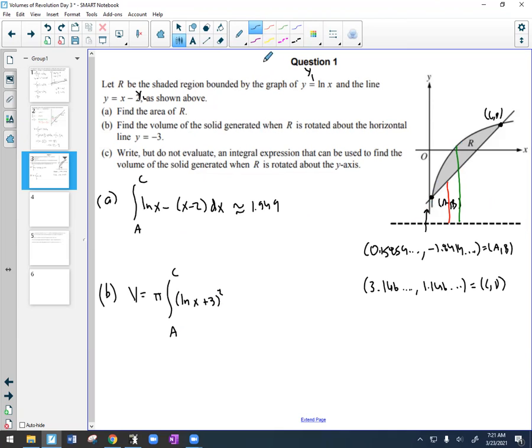So this right here is big R squared. And little r squared is this lower curve minus that one. So that's x minus 2 minus -3. So -2 plus 3 is x plus 1, squared, dx. This right here is little r squared.